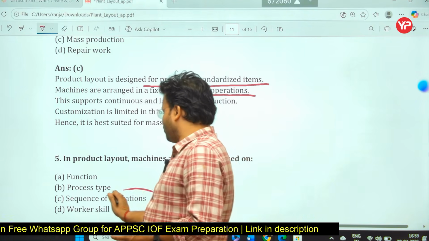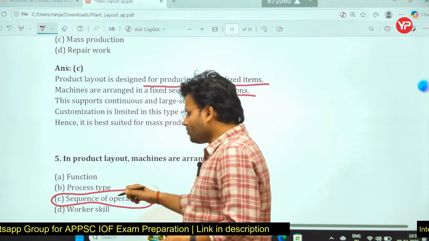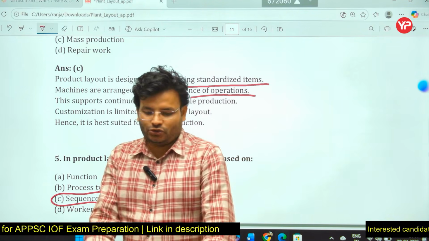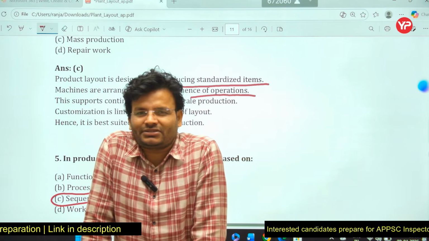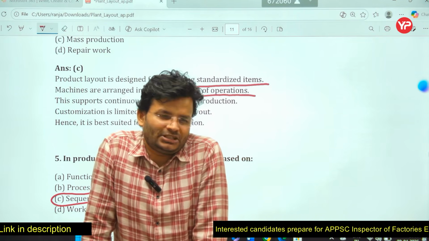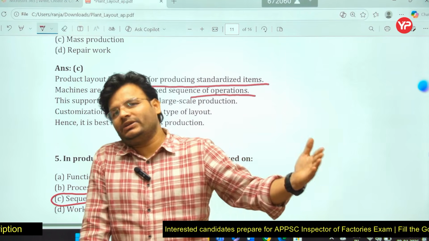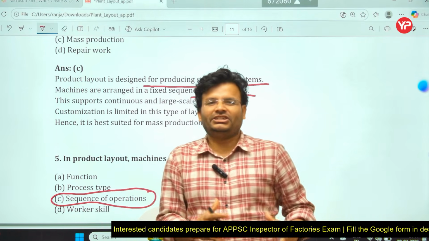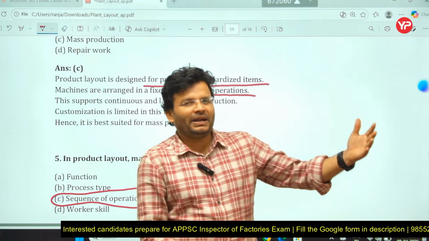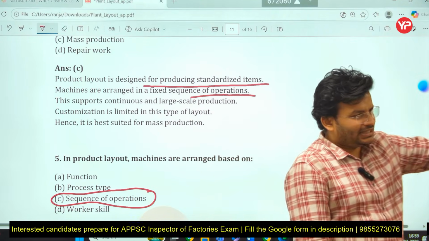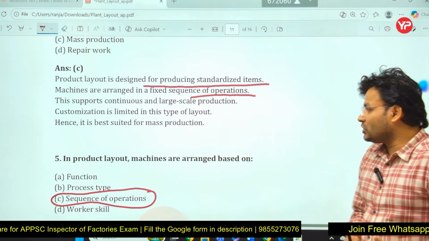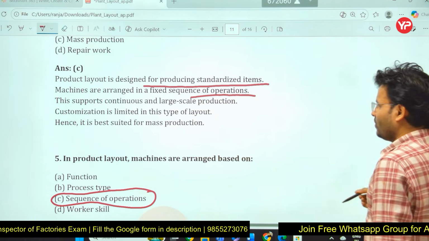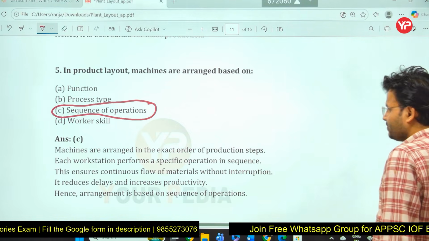Sequence of operation, like I told you, in the automobile industry, to construct a car you have to follow that approach. First engine, then different equipment, then painting, then assembly, and then it produces the final product. So this is based on the sequence of operation. So C for Chennai is the right answer.